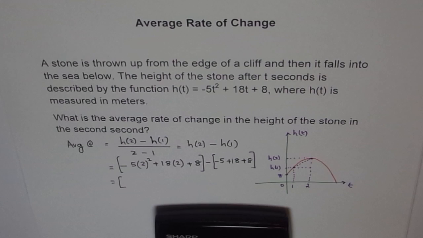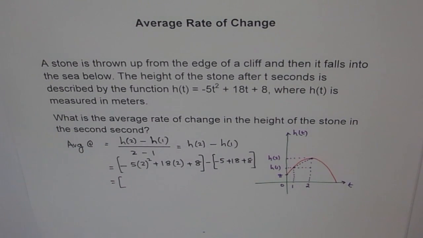Okay, so this minus will be a sign. We'll put minus 5 times, within bracket we will write 2, and then the square function, and then plus 18, and within bracket again 2, and then plus 8 equals 24.